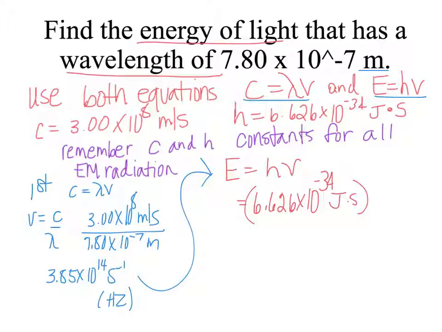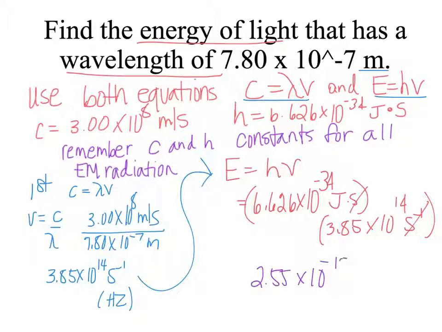And then we're going to multiply that by the frequency that we just solved for, which is 3.85 times 10 to the 14th, second minus 1. Our seconds are going to cancel out. And so pause your video and plug that in, and hopefully you got 2.55 times 10 to the negative 19 joules.